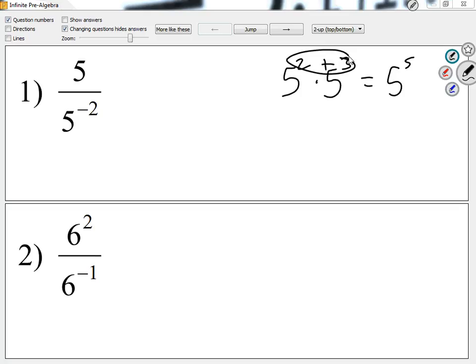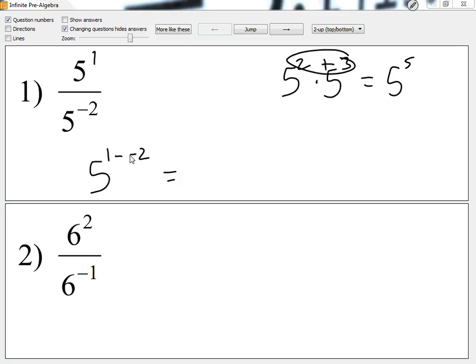So looking at question number 1, I have 5 to the 1 to begin. It is an exponent. So I'm going to look at this as if I had 5, which is my big number, but I'm going to go 1 minus a negative 2. The top exponent minus the bottom exponent. So once again, subtract your exponents, but the top one minus the bottom one.